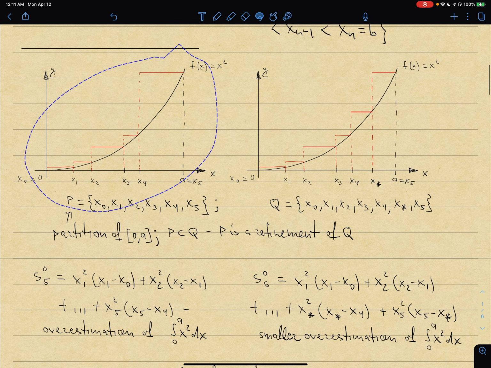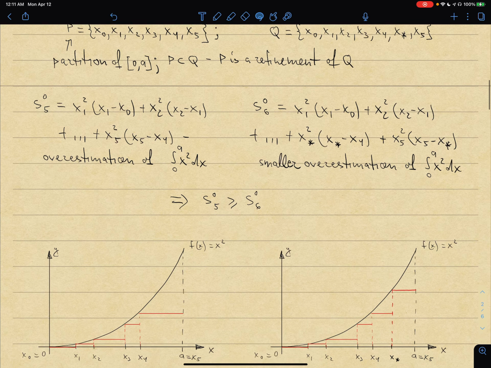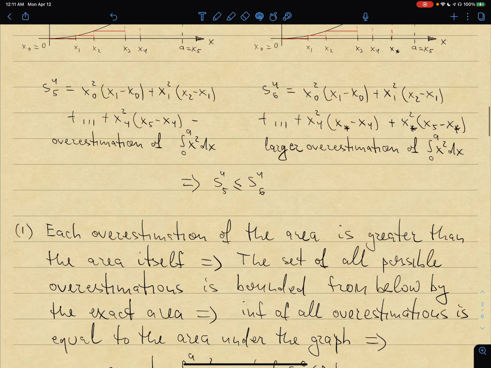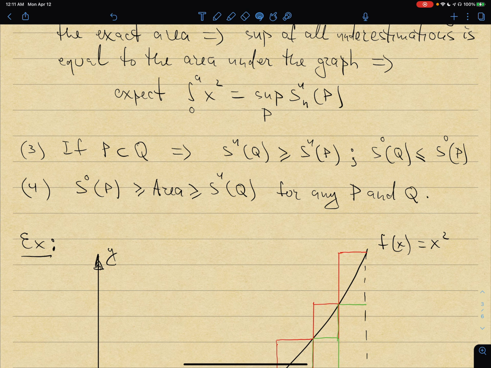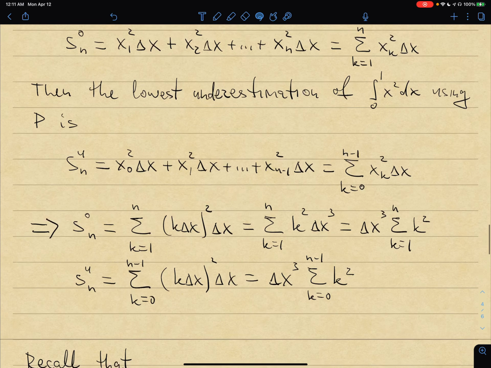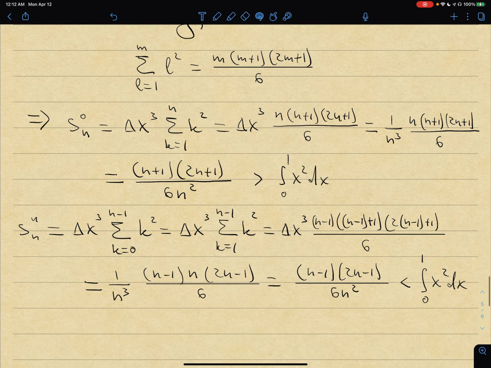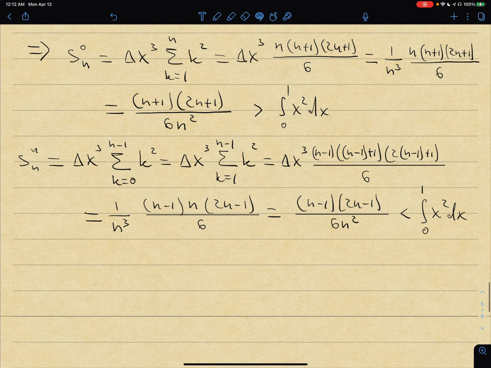One other thing is that we do expect that any overestimation is larger than the area under the graph, and any underestimation is smaller than the area under the graph. And so that was one of the conclusions that we drew, that any overestimation I expect to be larger than any underestimation using any two partitions, P and Q, whatever partitions I can think of. So let's try now to use what we found, if we employ the ideas that we just mentioned.